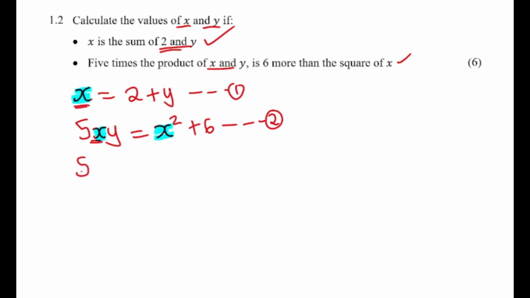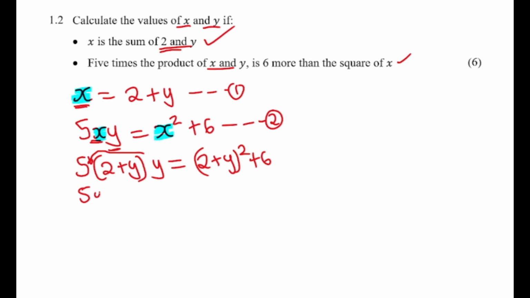So it becomes 5, and then we have 2 plus y, and then y. You see that this is equal to (2 plus y) squared plus 6. Okay, and then we can bring this y this side so that we can distribute 5y once.